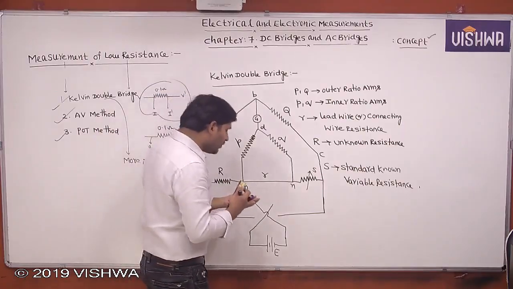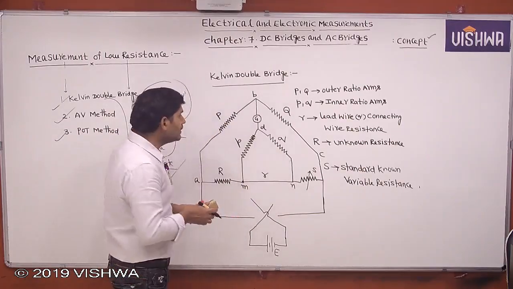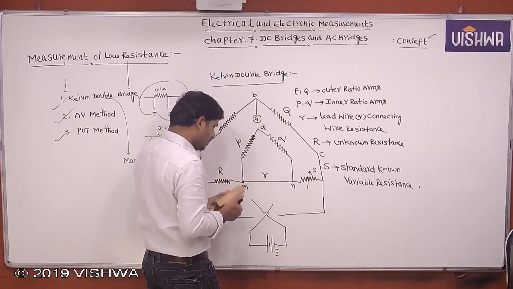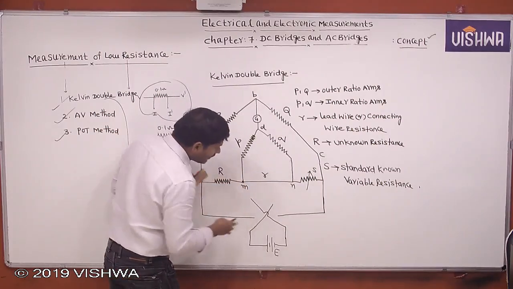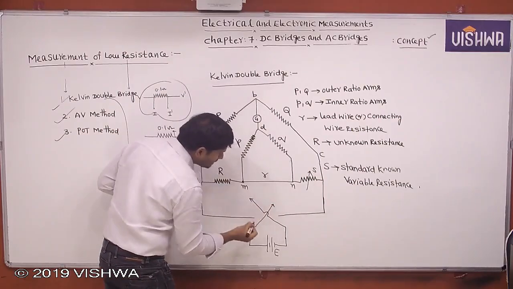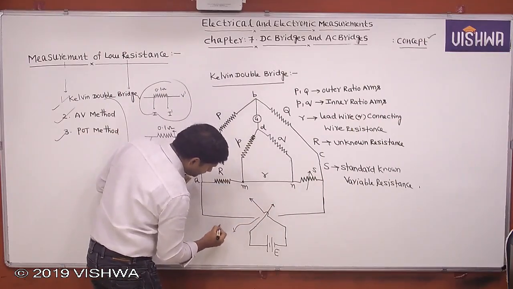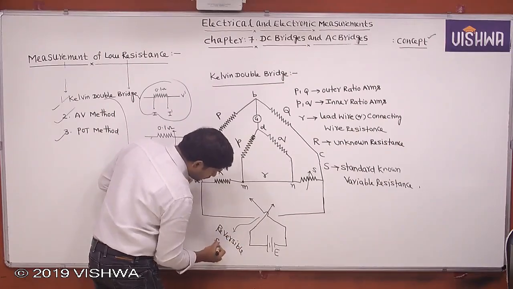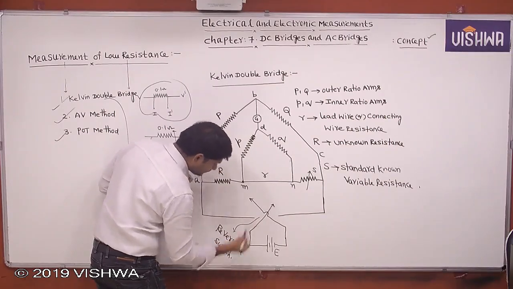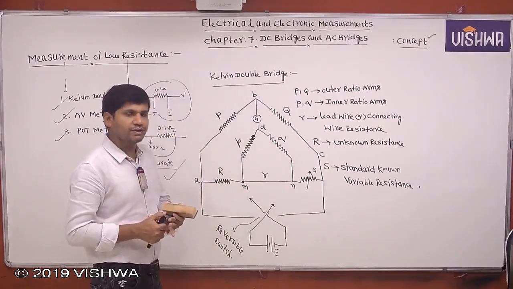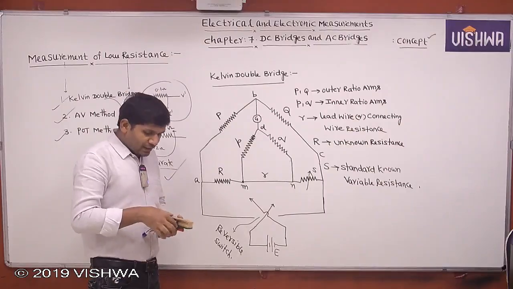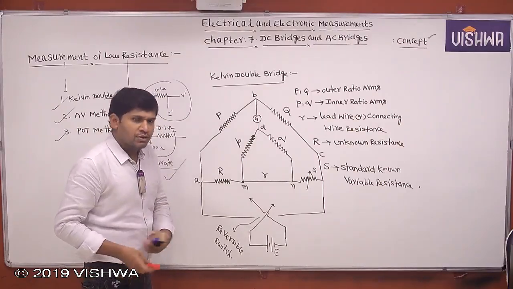In order to convert this bridge into 4 arms, you can convert this delta to star connection. Okay, this switch is nothing but a reversible switch; the purpose of the reversible switch I will explain. This is the reversible switch arrangement. Now we want to make this bridge as 4 arms.